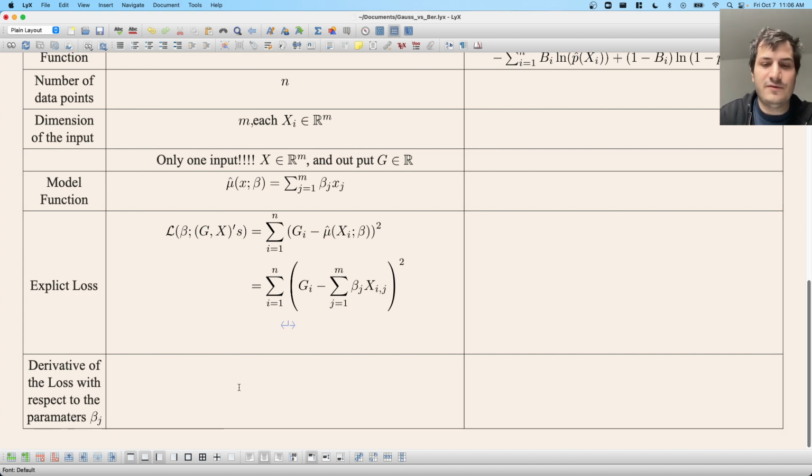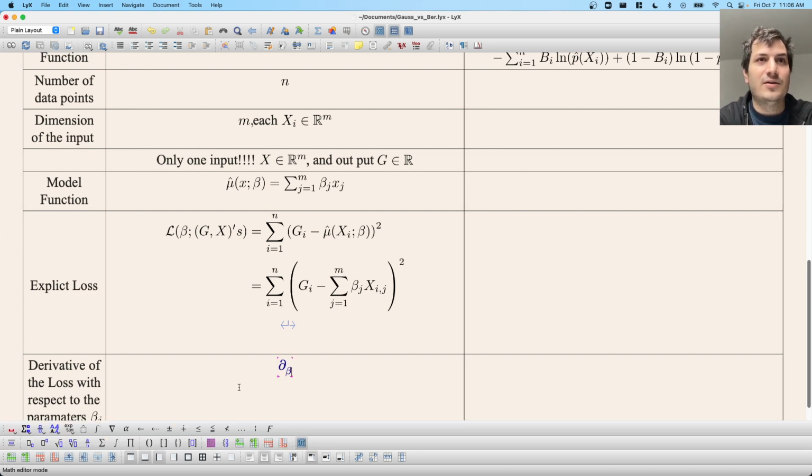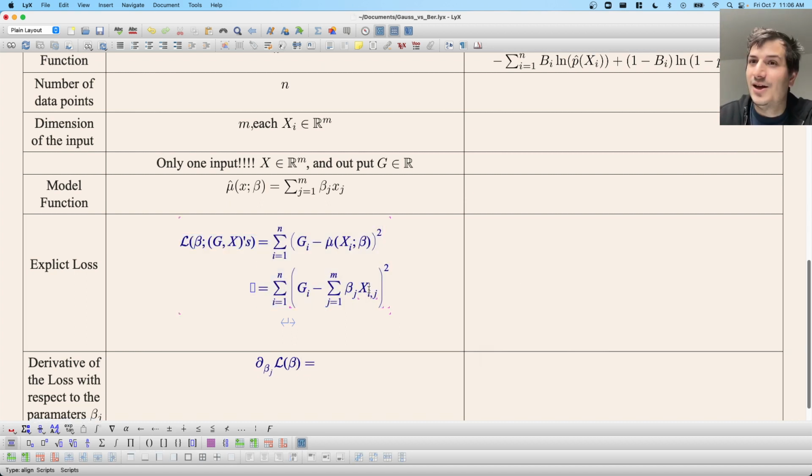And what is the derivative? So that's the derivative with respect to some special j, let's call it j star. Okay, actually, I think we can just say beta j and it'll be okay, of the loss. So what is the derivative? You got to do the derivative of this function. Okay, but this is everybody's favorite function to do.